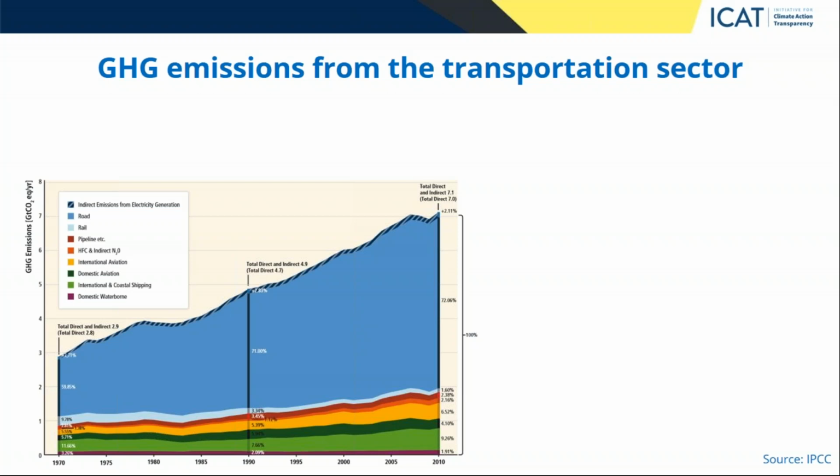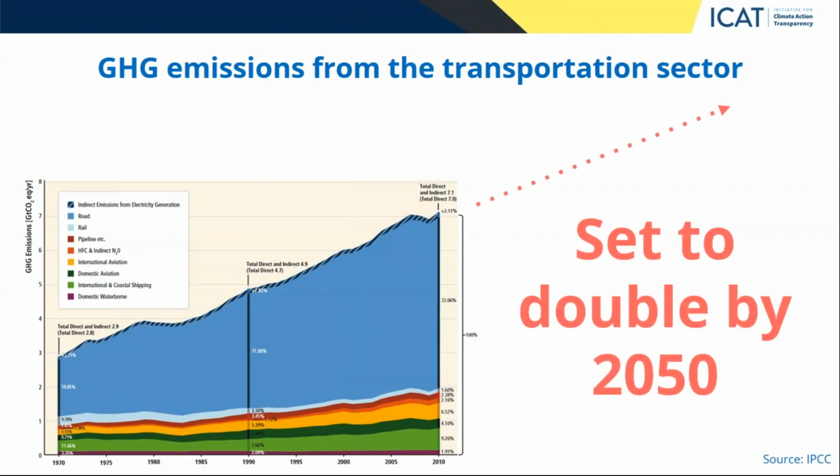First of all, this sector has the fastest growing emissions. You see here emissions from 1970 to 2010, which more than doubled in that period. And if we look forward towards 2050, we expect another doubling under a business as usual scenario.